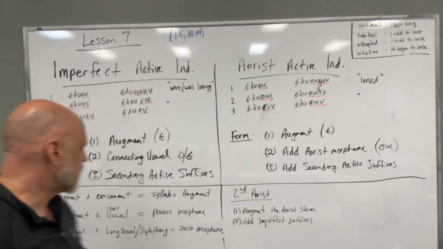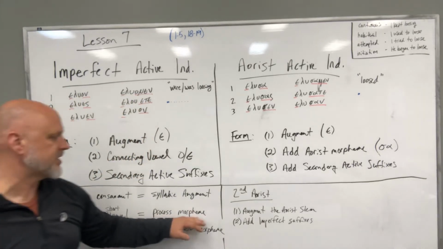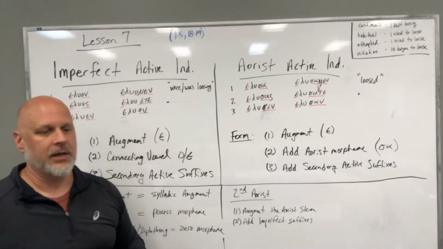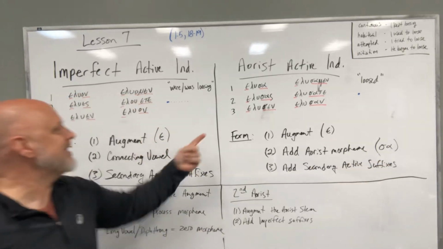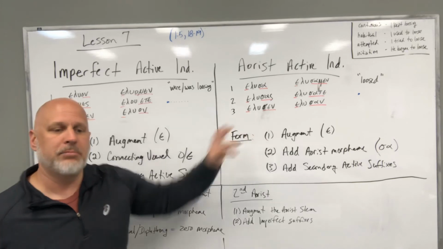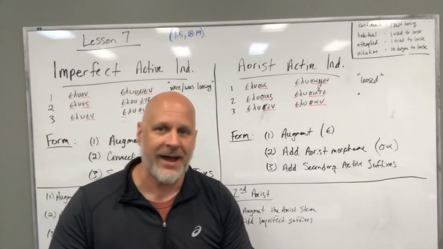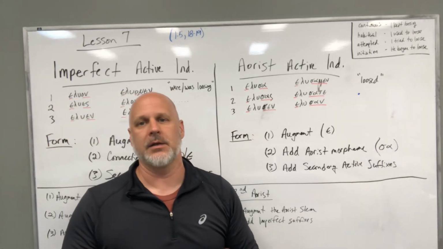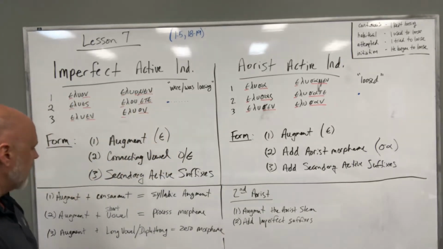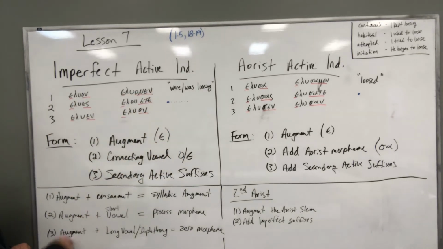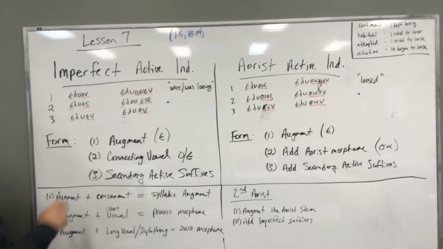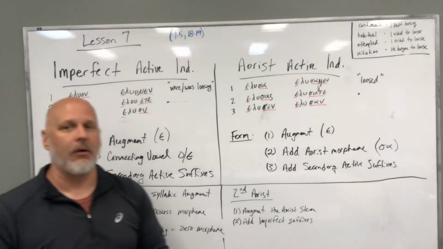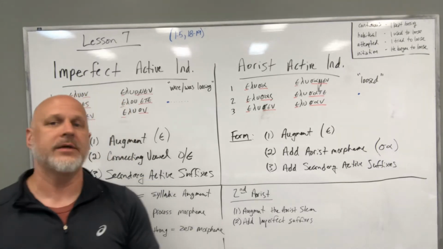And so sometimes this is called a process morpheme. The alpha is in process to the eta. So you may not see the epsilon because it has been absorbed into the alpha and now they've created an eta. Well, sometimes you have an augment added to a verb that either begins with a long vowel or a diphthong.